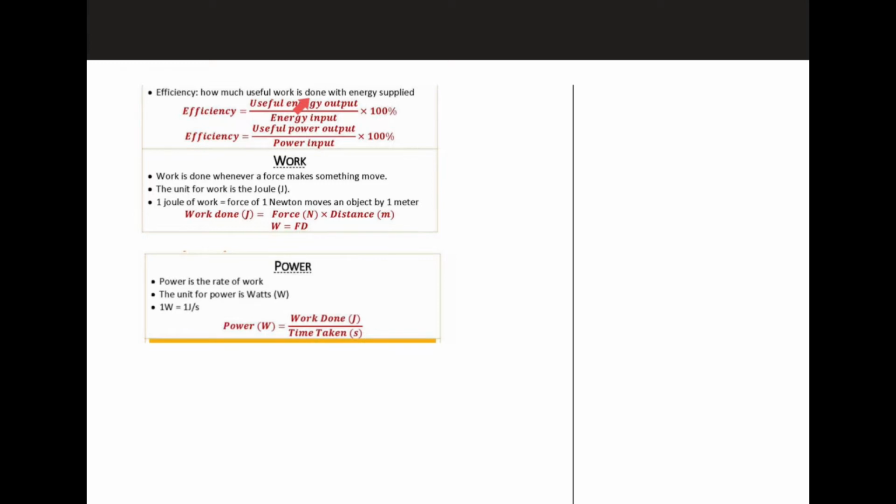So, for example, if you want to turn on the fan, what we want from the fan is the spinning of the blade so that it produces wind. That is what we want. We want the wind from the fan.